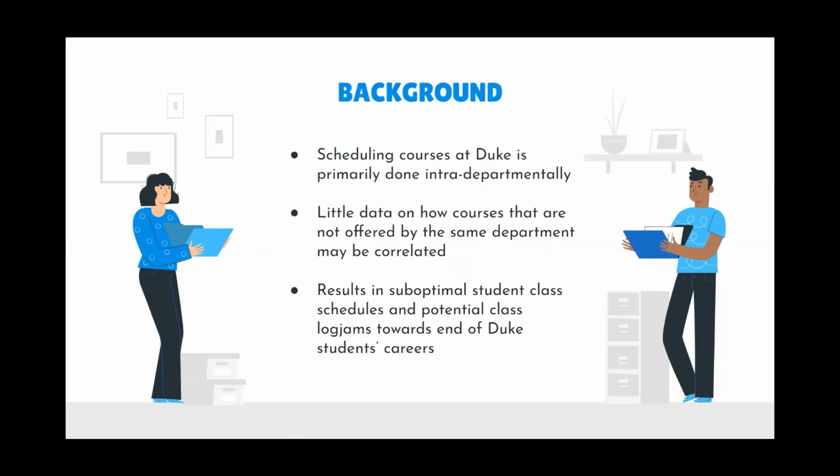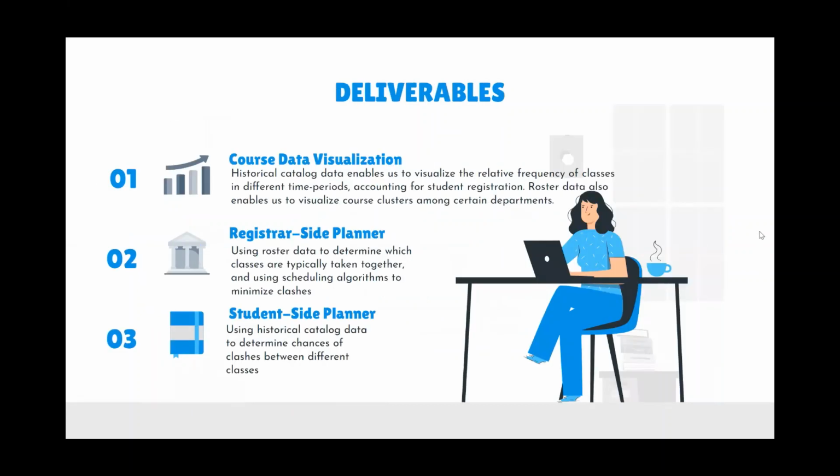We set out to alleviate these problems via 3 different deliverables. First, we leverage historical course catalog data to create visualizations showcasing the distribution of classes across different time periods. Then we were given access to the complete roster data, which specifically tells us which students took what courses in a given semester. We are using this to create a course scheduling assistant for the registrar.